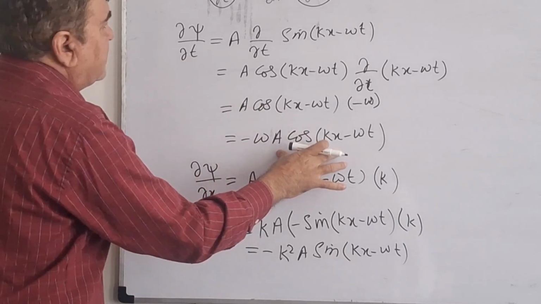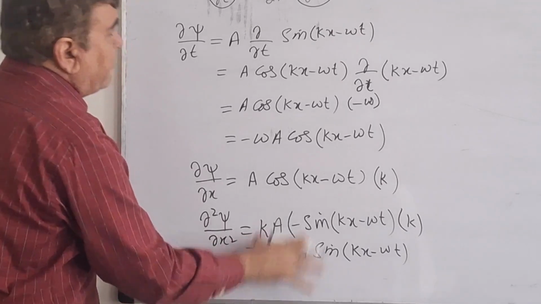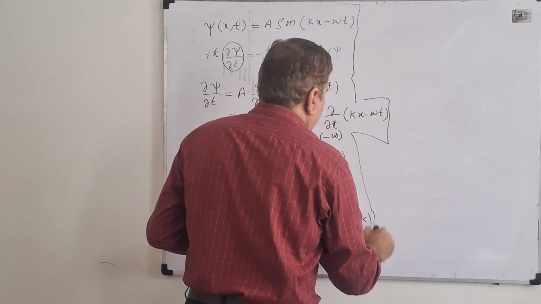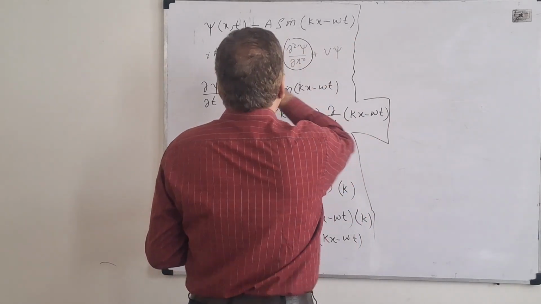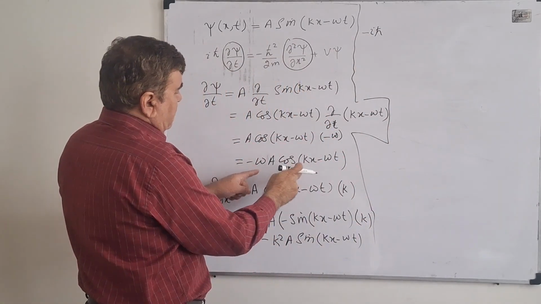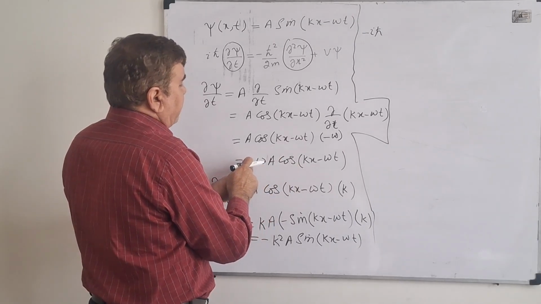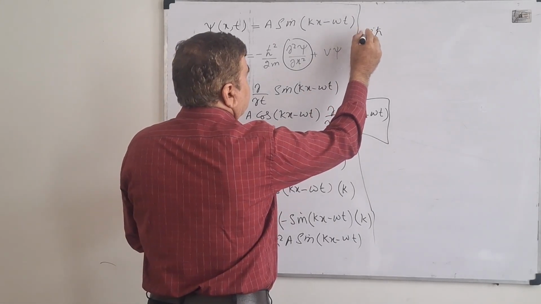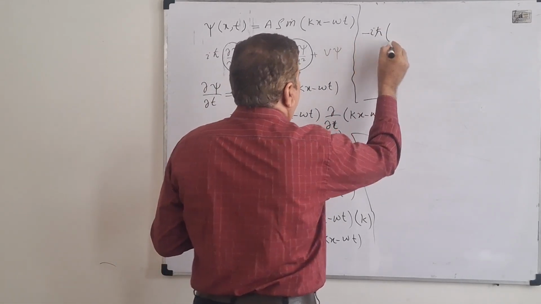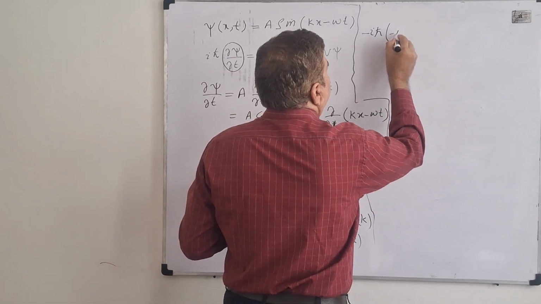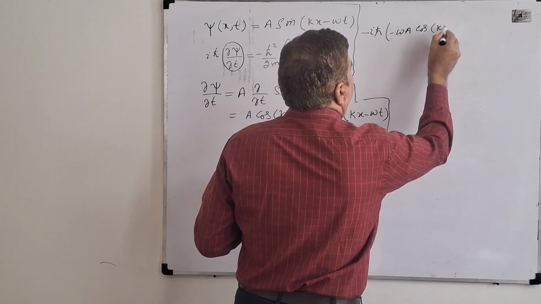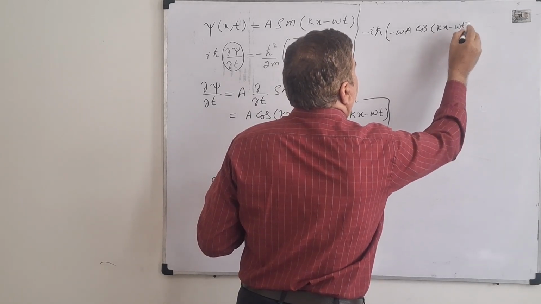Therefore, I can put this value at this position and this value at this position into the Schrodinger wave equation, and that would put the equation into the form i h bar, and then this way. And this minus, if I multiply with this minus, it will become plus, so I don't need to write that. Let me write it the way it is. So I just put this value, minus omega a cos of kx minus omega t.